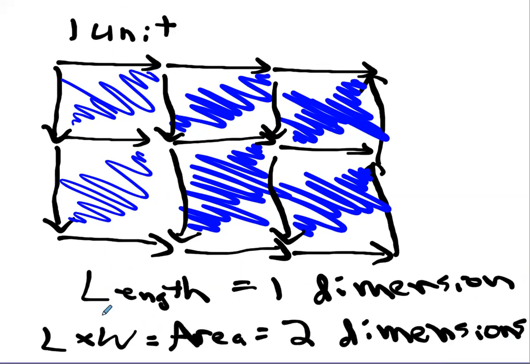I used multiplication. I'm saying 3 on one side by 2 on the other, and that gives me 3 times 2, which is 6.